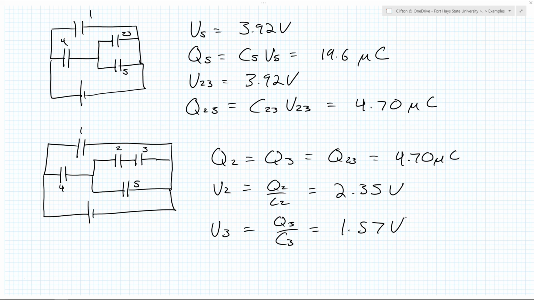So again, you need to start with a set of effective capacitors that are all connected in parallel, and then work backwards, unpacking the effective capacitors into their actual capacitors. If an effective capacitor represents capacitors that are in series, then the charge on that effective capacitor is the same as the charge on the capacitors that are in series. If the effective capacitor represents capacitors in parallel, then it's the voltage that's the same.